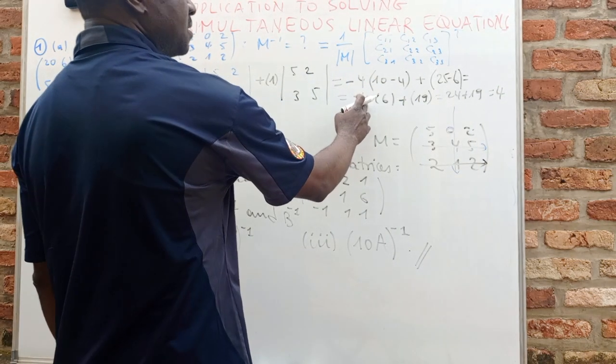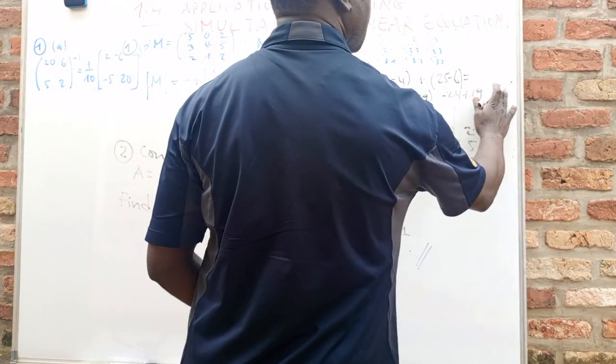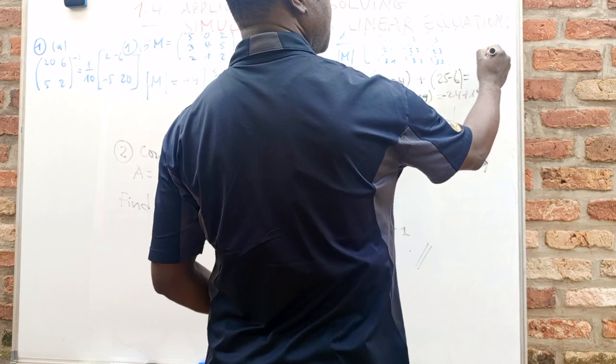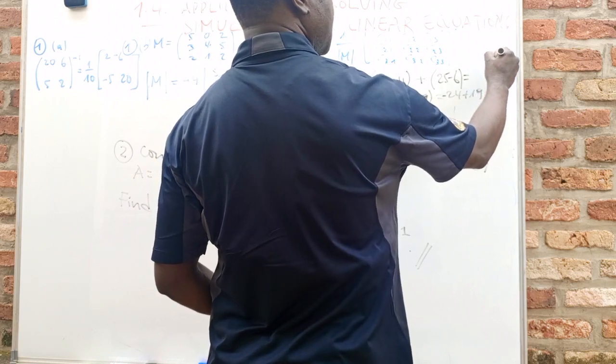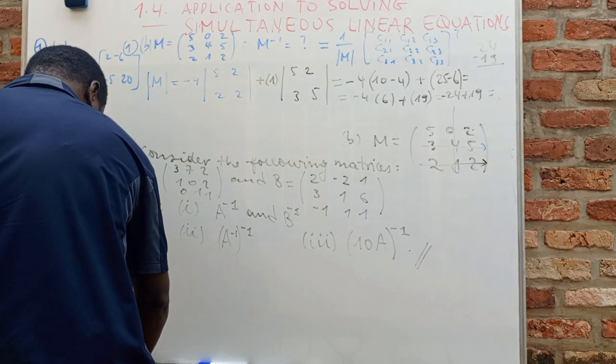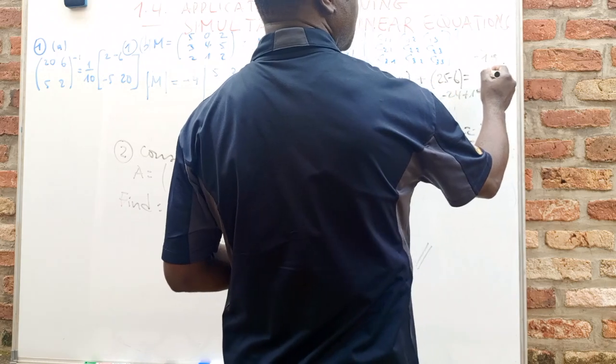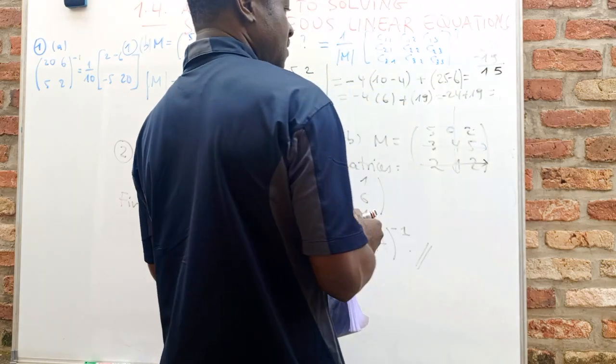6 times 6 is negative 21. So now 21 out of 19 is equal to, what is it? Is equal to 5, and I am left with 1.